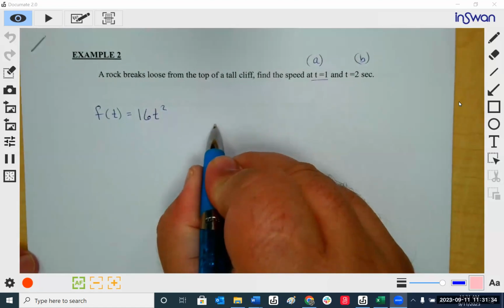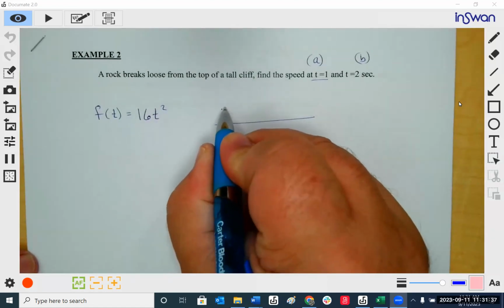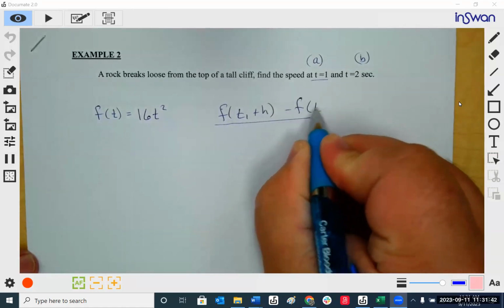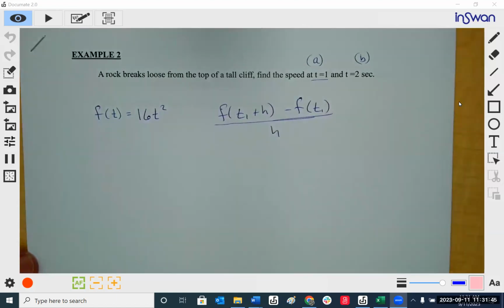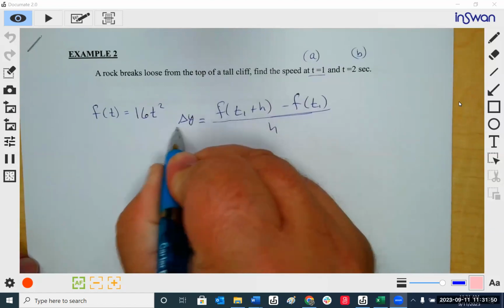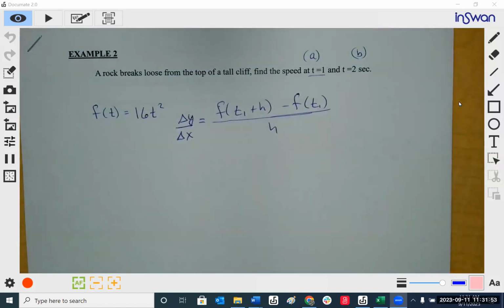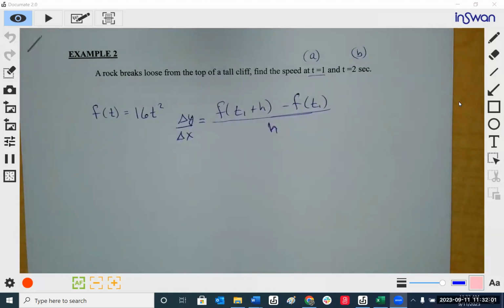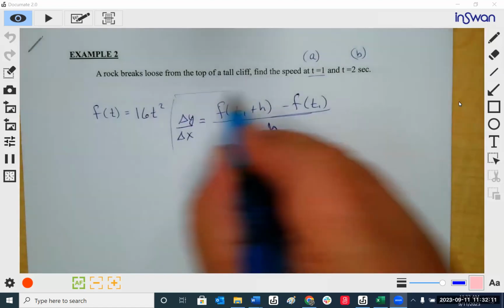So let's first put our formula: f of T1 plus H minus f of T1, all over H. This is actually the change of y over the change of x, which is what a slope really is. And in algebra, we call this formula the difference quotient. So that's the formula let's use.